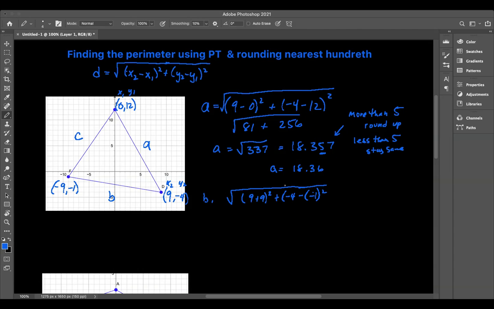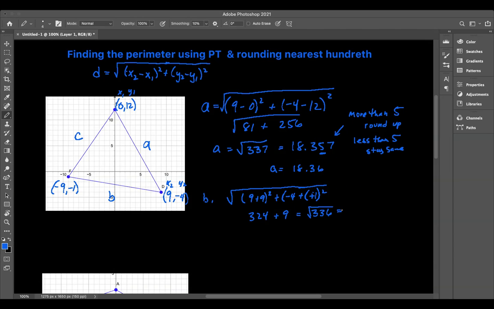So we do the math out. We have 18 squared, which is 324, and then negative 3 squared is 9, which gives us the answer of 336. Yes, 336 square rooted.